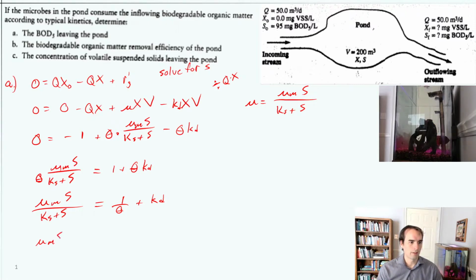So mu max S equals Ks plus S times 1 over theta plus Kd. Then we'll need to multiply them out.